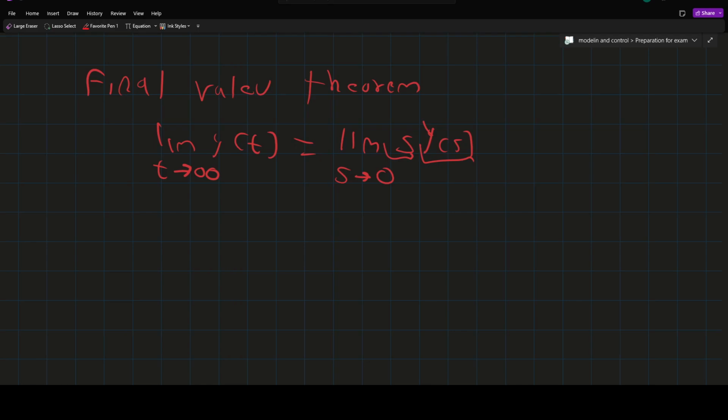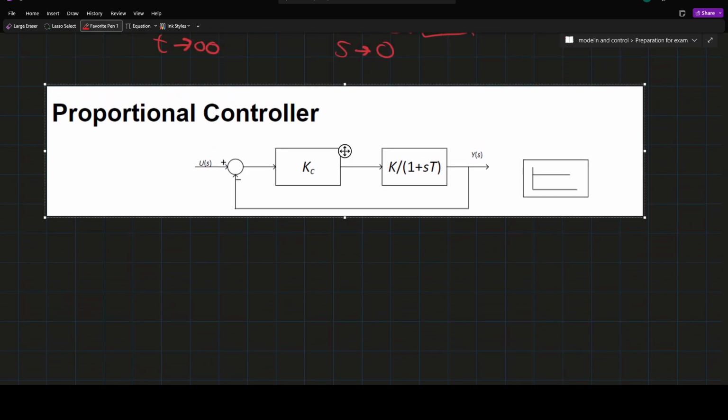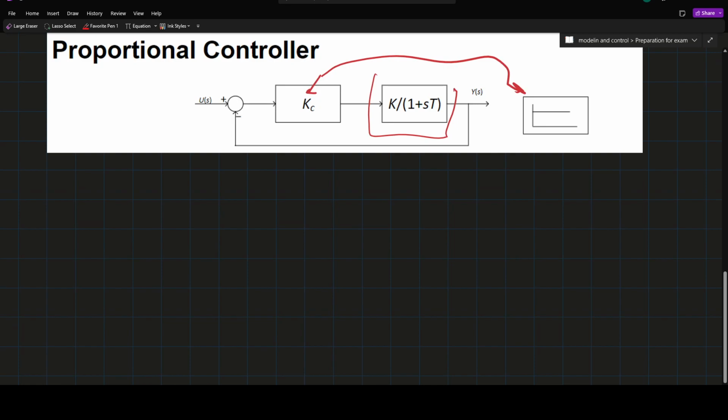Okay, now we can start seeing the controllers. First we have the proportional controller, which is just a constant value Kc, and here we have our first order system. What is the final value when we have a proportional controller?